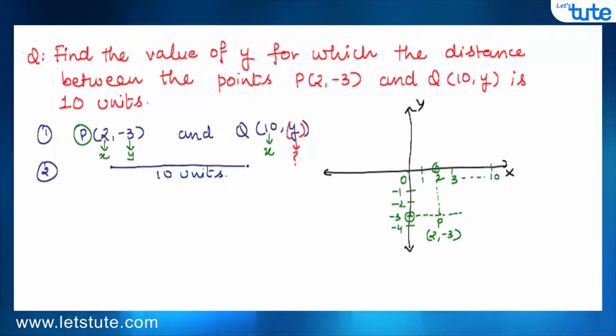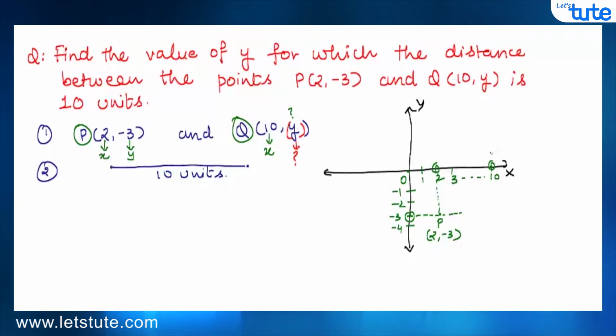Similarly, let us try to plot the point Q. Its x coordinate is given as 10, so here it is 10 on the x-axis, but we don't have the value of y. So what we'll do is try to locate all the points with x coordinate as 10.